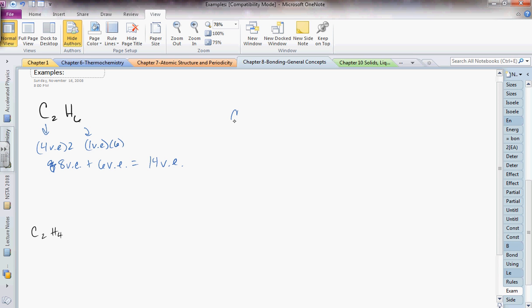So what we'll do is connect these 2 carbons. Remember, we connect all atoms with single bonds first. So connect the 2 carbons, and then we'll have hydrogens radiating out from these carbon atoms with single bonds. And so we have a structure with 2 carbon atoms and 6 hydrogen atoms, and everything's connected with a single bond.